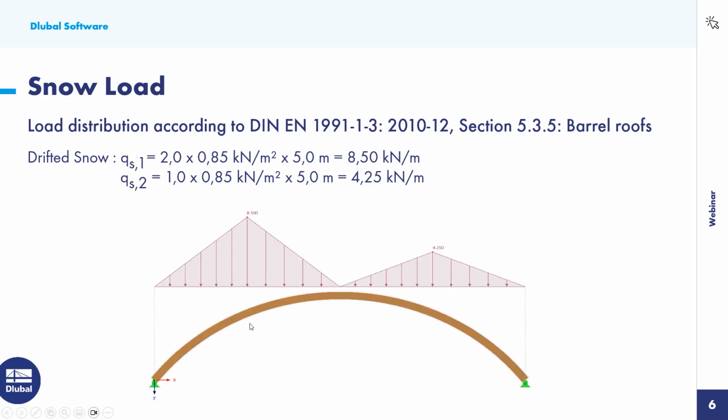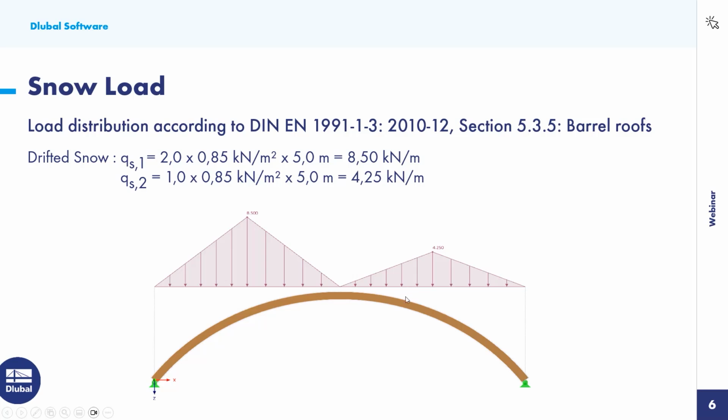For the drifted snow, of course, we have different form coefficients. Here we have a 2.0, which will equal 8.5 kilonewtons per meter, and also as a second part, half of it.